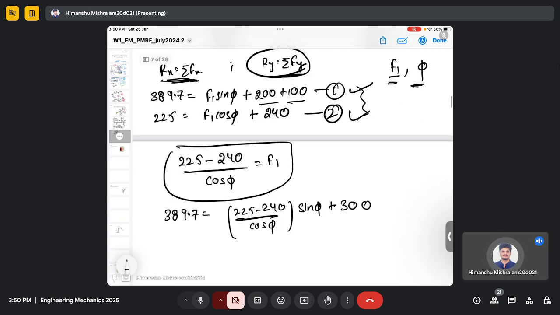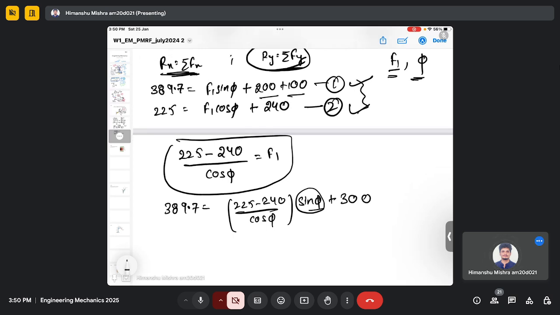Now you just need to solve for phi, right? So it is 389.7 minus 300 equals minus 15 by cos phi times sin phi. So it will be minus 15 tan phi.